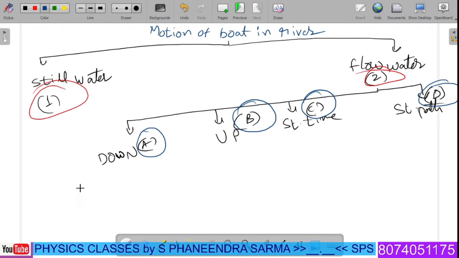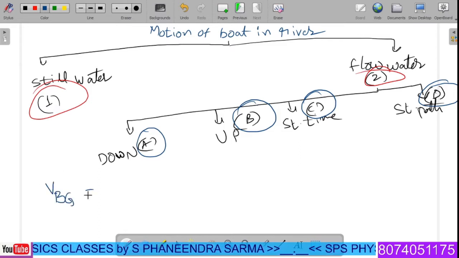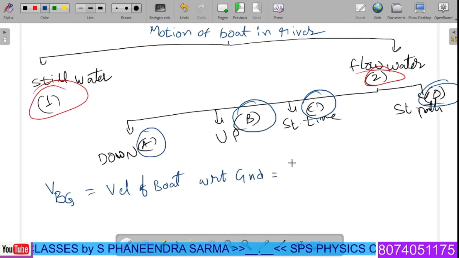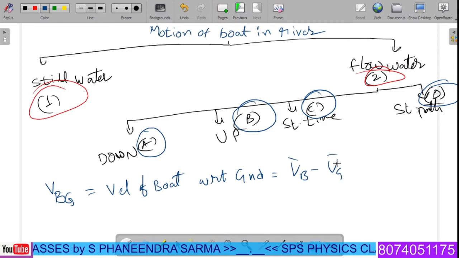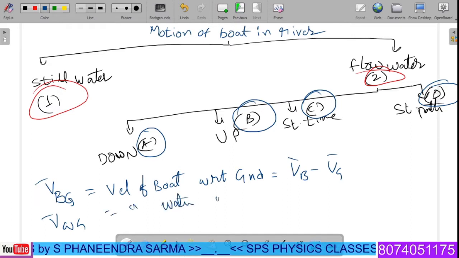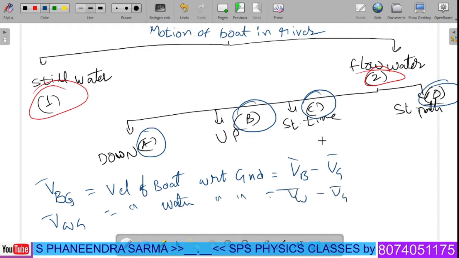To explore boat and river model problems further, we have terminologies like this. VBG is equal to the velocity of boat with respect to ground, that is nothing but VB bar minus VG bar. VWG bar is the velocity of water with respect to ground, that is nothing but VW bar minus VG bar.